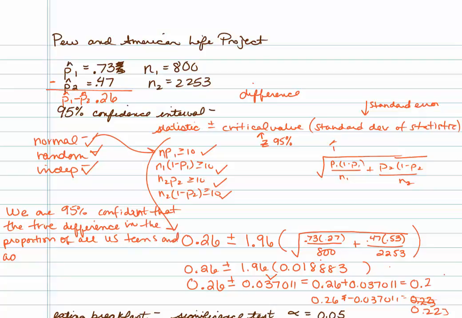You want to use it in the context of the problem. They were talking about using social media, so who use social networking. All right, I'll use your wording. From 0.223 to 0.297.